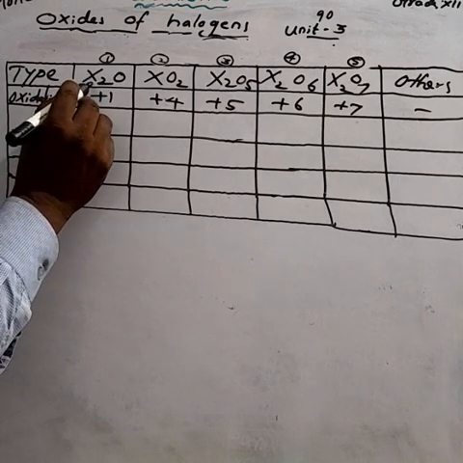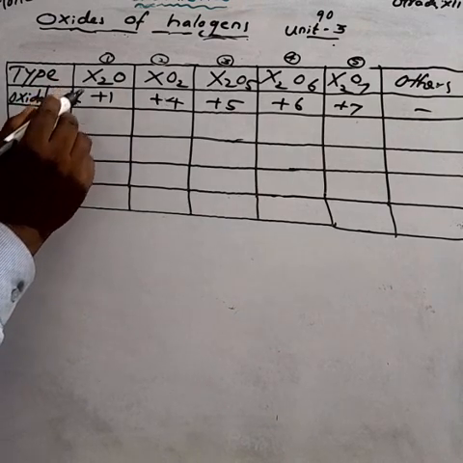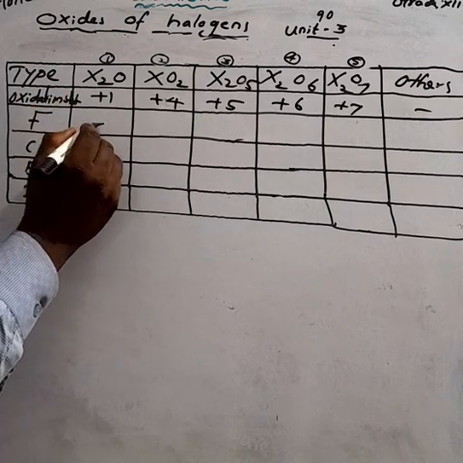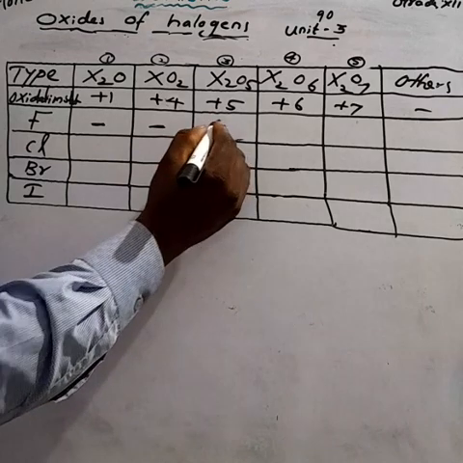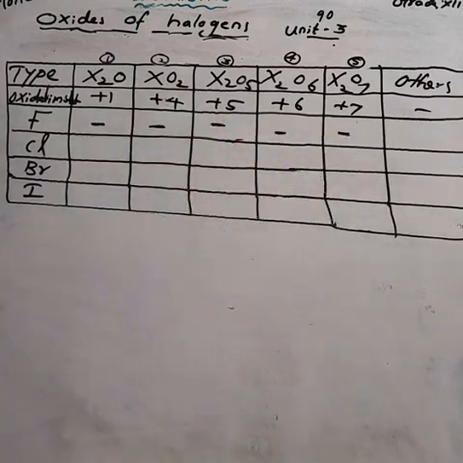Fluorine cannot form the oxides of halogen. That means it cannot form X2O, XO2, X2O5, X2O6, or X2O7 compounds. It cannot form them. Can you understand, my dear children?